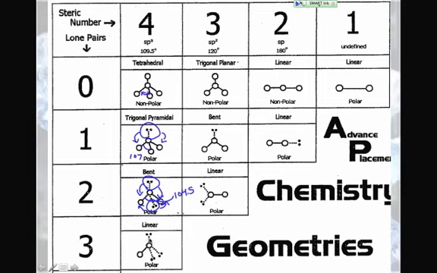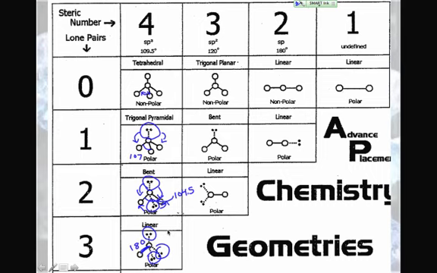And then, of course, if we have 3 lone pairs, then you have only 2 electrons that are trapped in a bond here, and the only bond angle you can have between two atoms is 180. So that's how a lone pair might influence the bond angle.